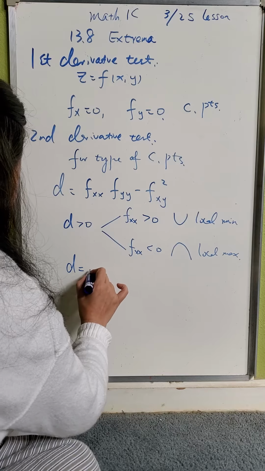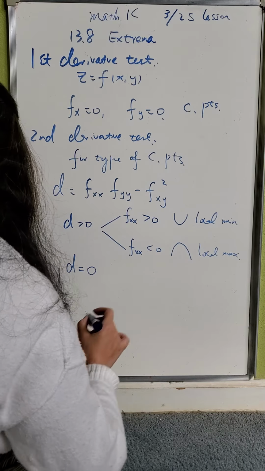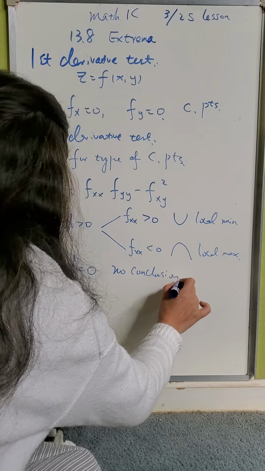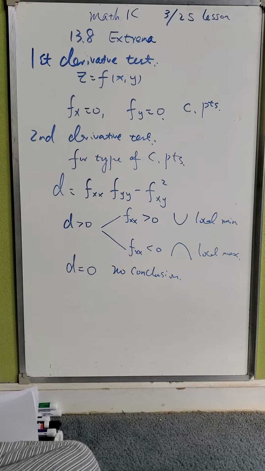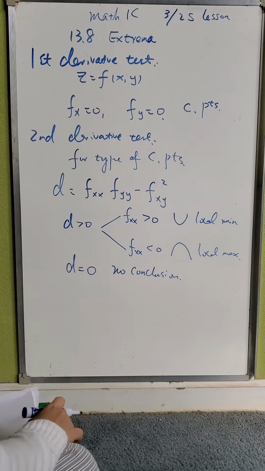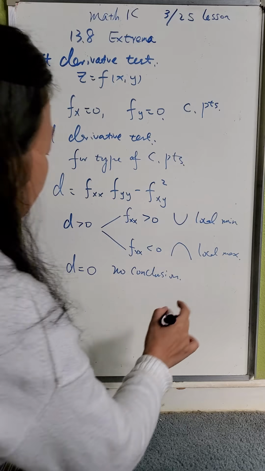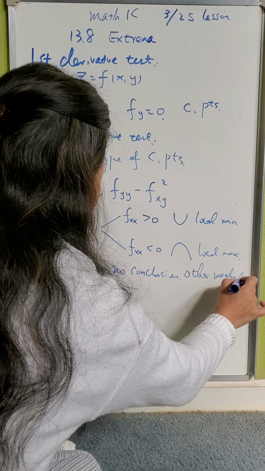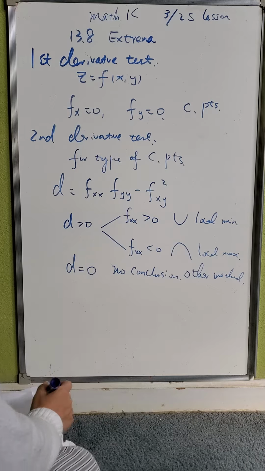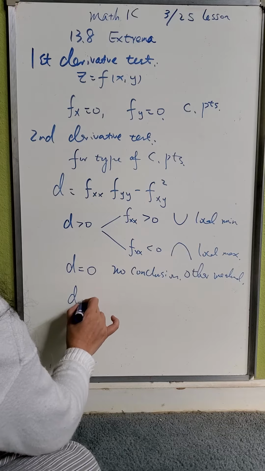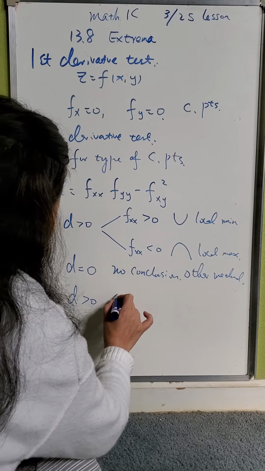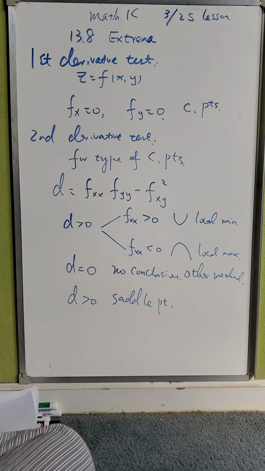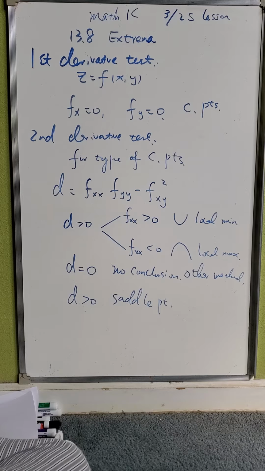And if D is equal to 0, you have no conclusion. If you have no conclusion, then you use another method. I'll show you: you can look at the graph, or use critical thinking. And if D is less than 0, you're going to get a saddle point. So that's the second derivative test. Now we're going to do a problem.